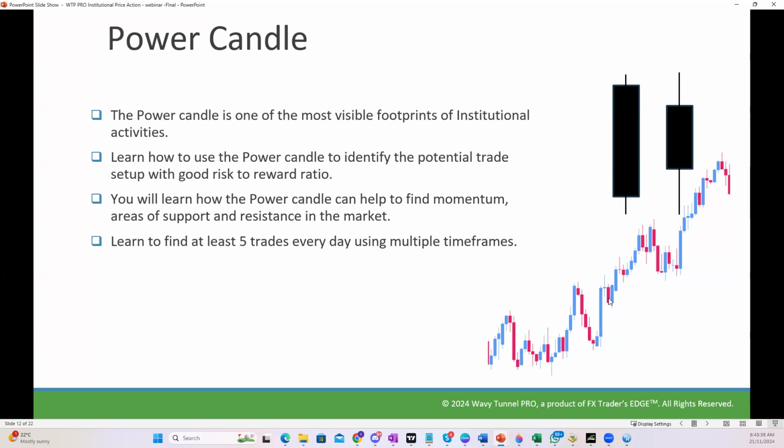So we're looking at power candles as wide range candles. In comparison with this one, these are the narrow range candles. Power candle, power candle, power candle. This is narrow range, narrow range, narrow range, power, narrow, narrow, narrow, power, power. So you always look at a candle in reference to the previous few candles, so you understand whether it is a power candle or a narrow range candle, because a narrow range candle will also have 60% of the body of the range, but it's a narrow range because it's not wide enough.